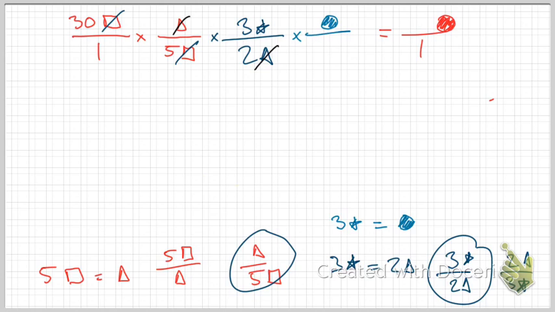So we have circle over 3 stars. And once again, we look at our units, make sure that they're lined up properly. If we don't have them on the top and the bottom, mathematically they don't cancel out, if we remember our fraction rules. So then it's useless. If we have stars and stars on top, we have stars squared, which doesn't make any sense. None of this makes sense, but mathematically that's no bueno.